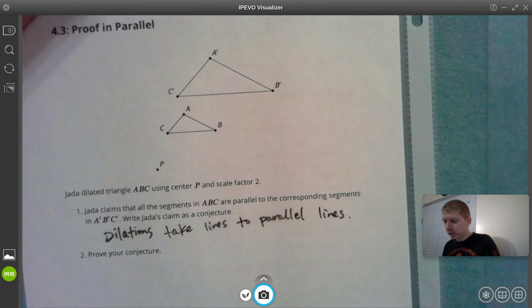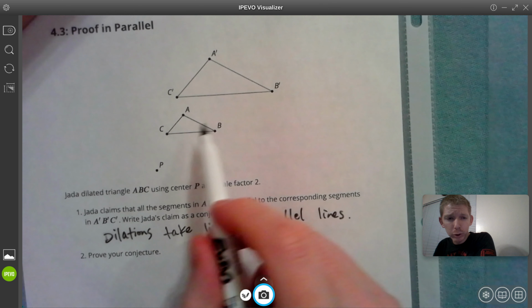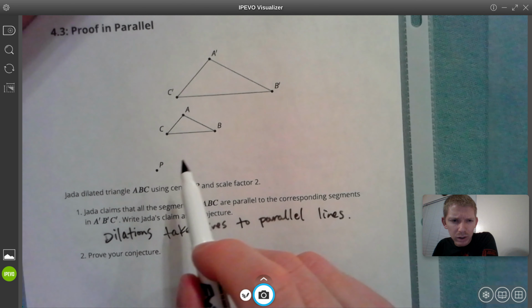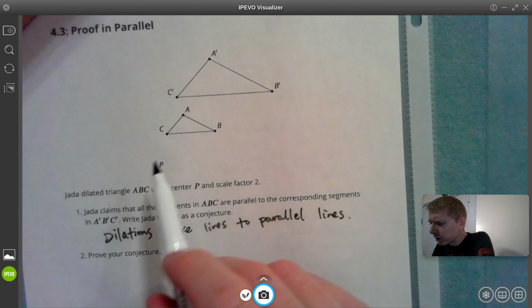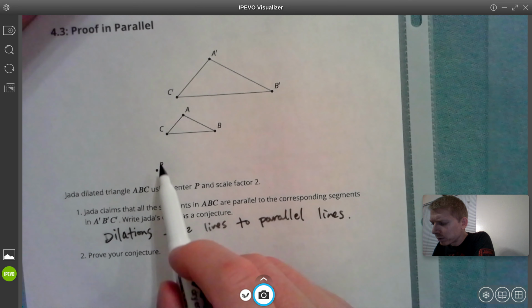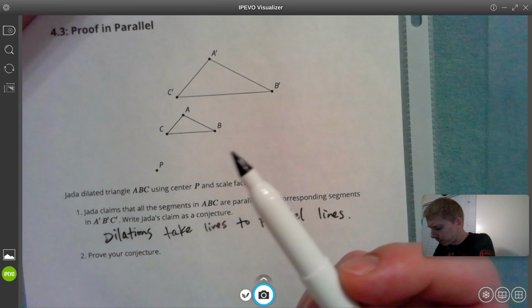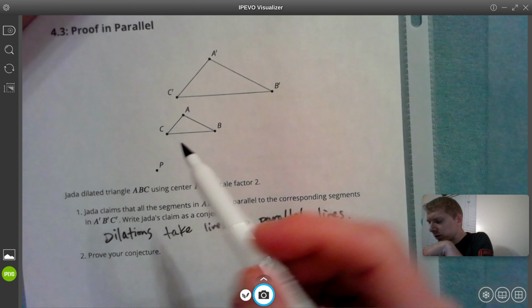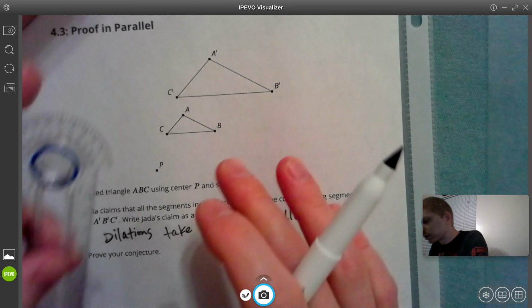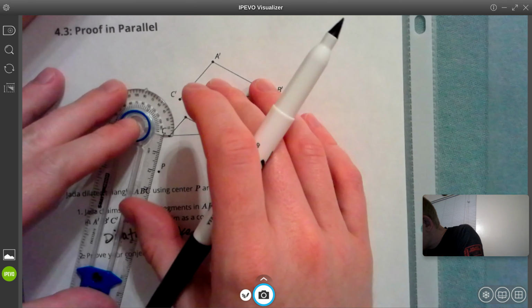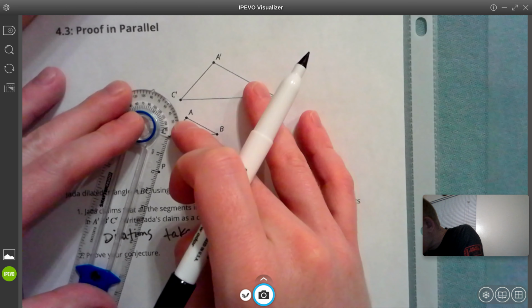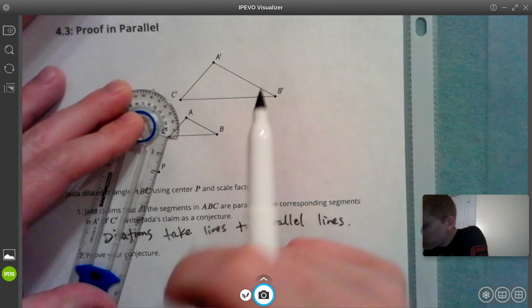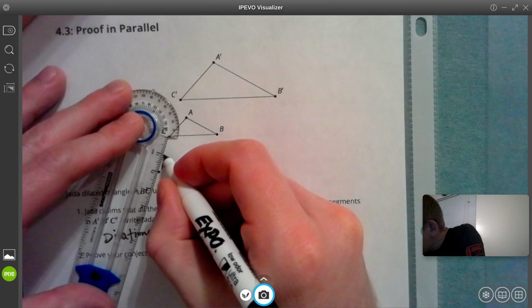The very first thing that we're going to do is label a new point E. We could call it D because we haven't used D yet, but I'll go ahead and call it E. We're going to label a new point E that's somewhere in between P and C. It doesn't have to be a specific place. I'm just going to pick halfway just because that's a nice, round number. The distance from C to P looks like it's 2 centimeters, so I'm going to put point E right here at 1 centimeter.